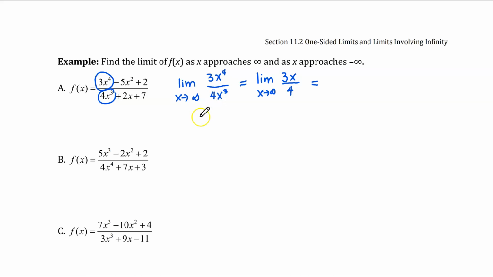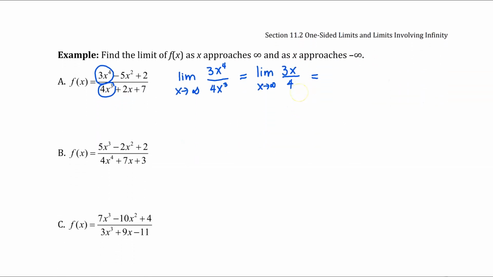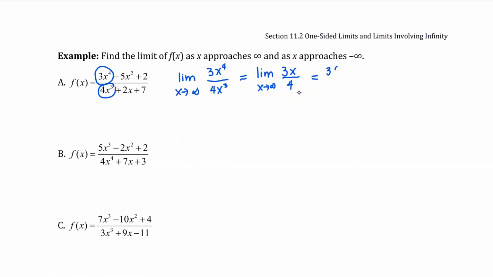Now in this case, you will have 3 times positive infinity over 4. Take note that it will follow the rule of signs. So positive times positive is positive. So the numerator is positive infinity over positive 4. That gives you positive infinity.